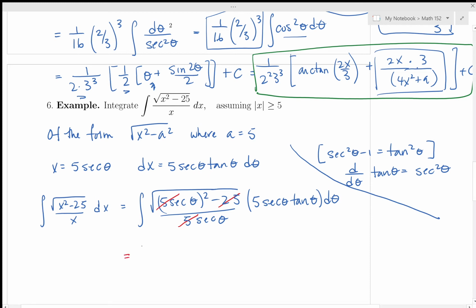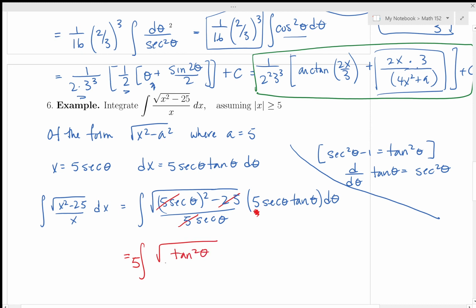So simplifying that underneath the square root, move this 5 out here, and then I'm thinking secant squared theta minus 1, and I take the square root of that, and I rewrite that as tan squared theta.